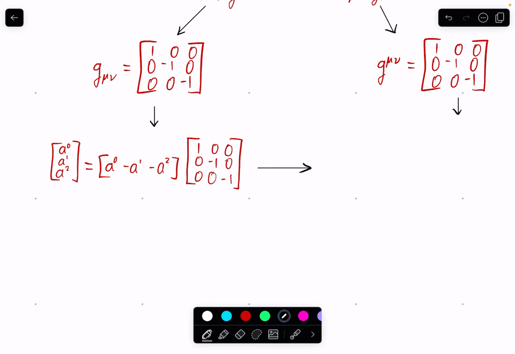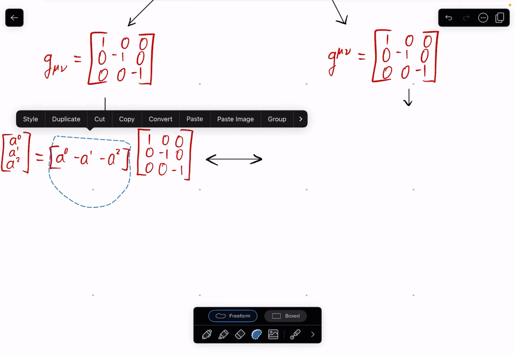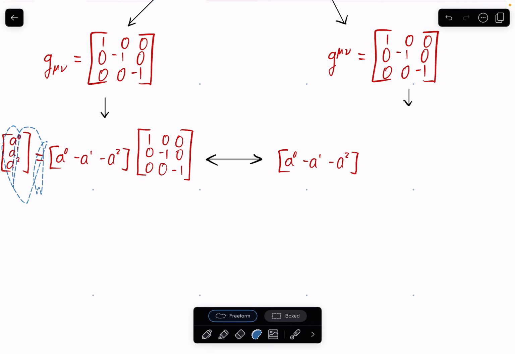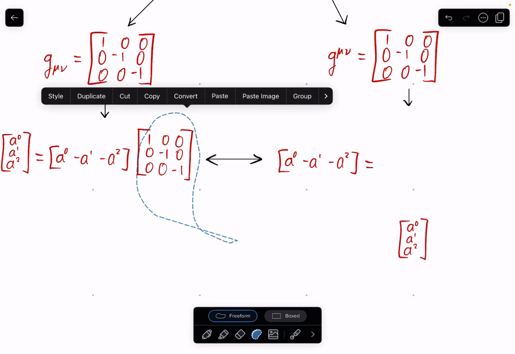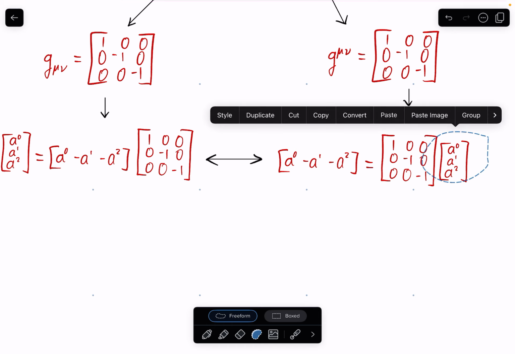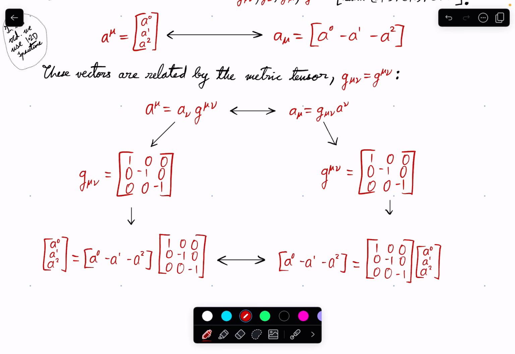And this is logically equivalent to having this equal to this. And so these tensor equations correspond to these matrix equations.